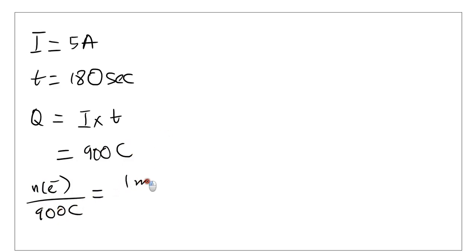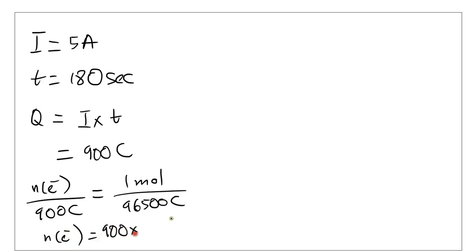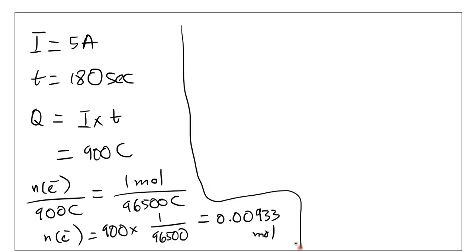Given that 1 mole of electron is 96,500 coulombs, the number of mole of electrons is 900 times 1 over 96,500, which is 0.00933 mole. Okay, so that's the first part.